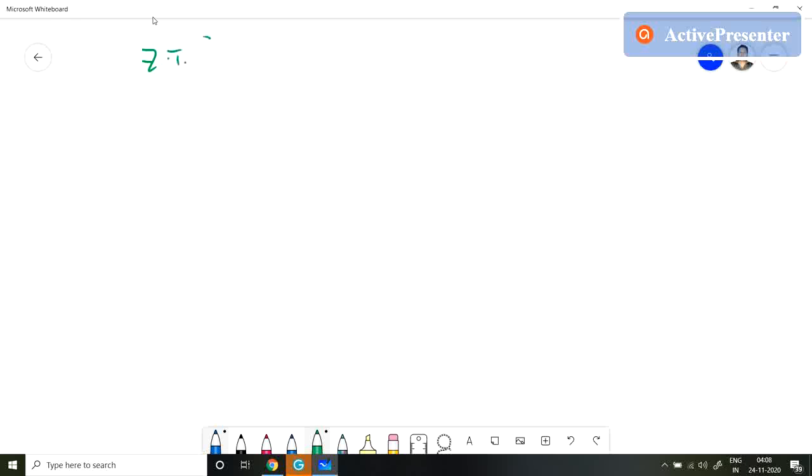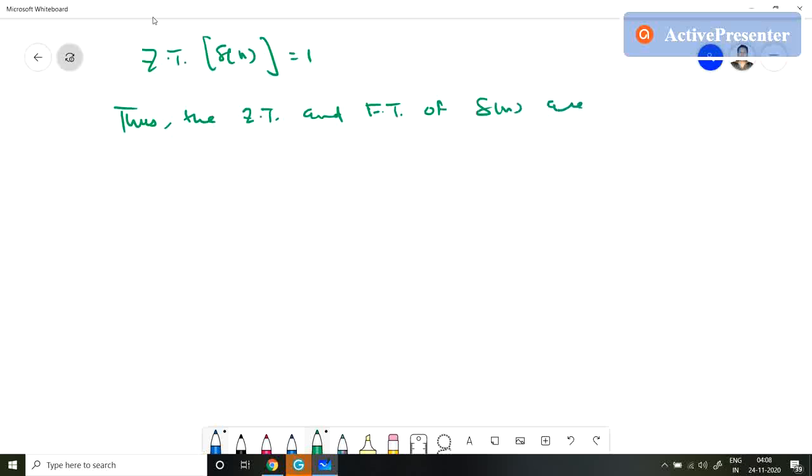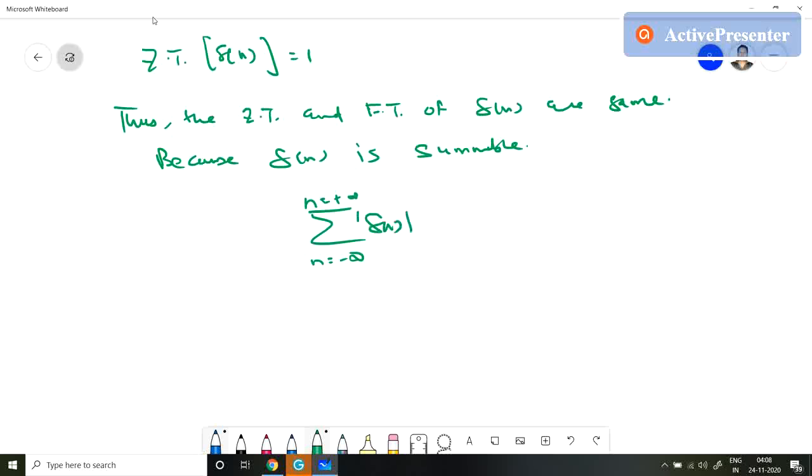Also the Z transform of δ[n] is 1. Thus the Z transform and Fourier transform of δ[n] are the same, because δ[n] is absolutely summable: the summation of δ[n] is 1, which is less than infinity.